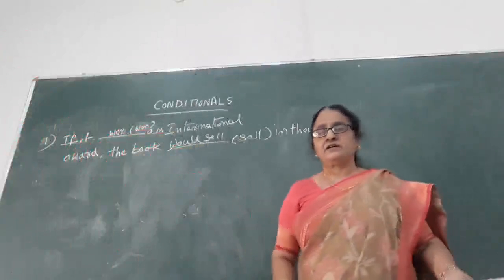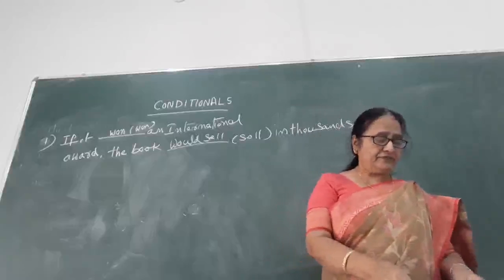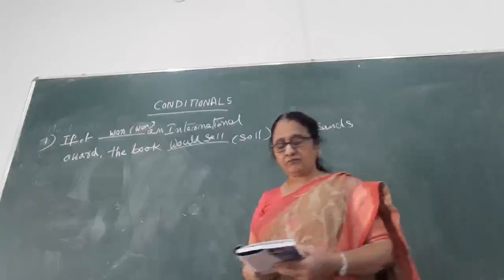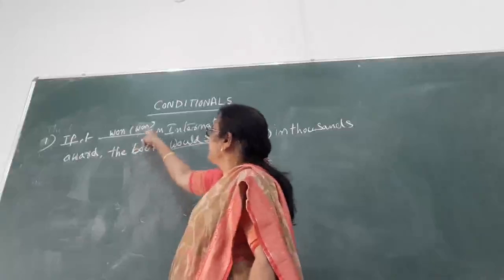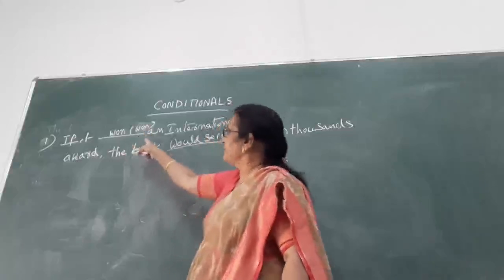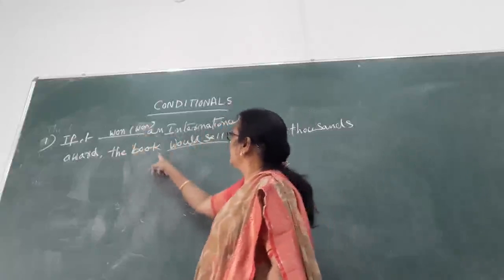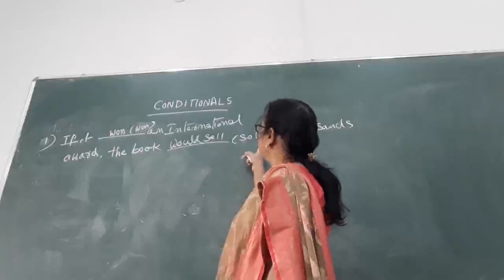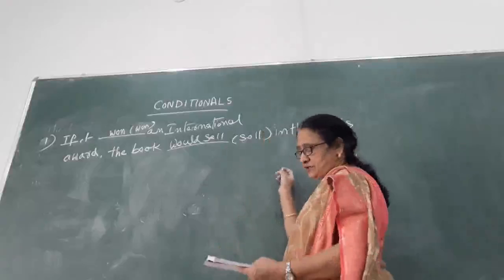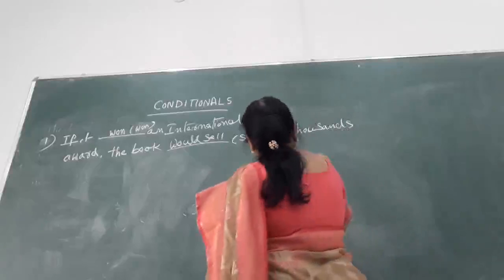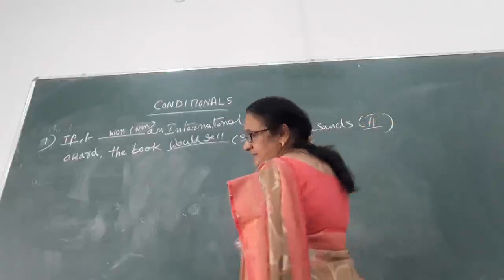This is the first one: If it (win) an international award, the book (sell) in thousands. What you have to write here is the second conditional.